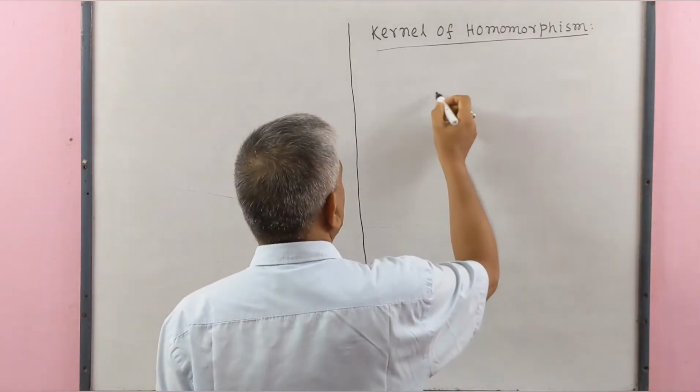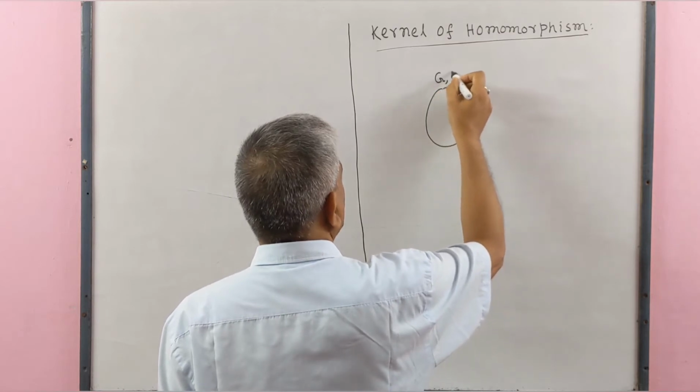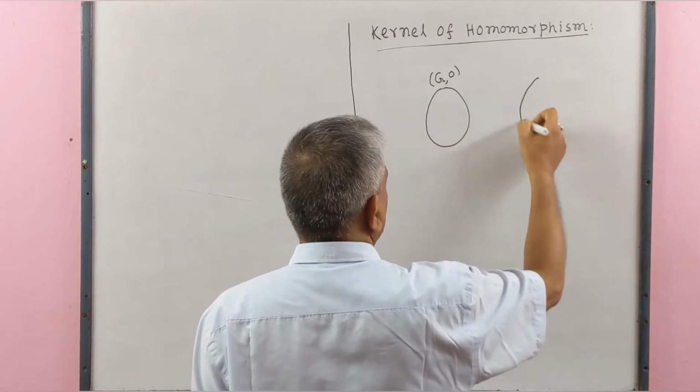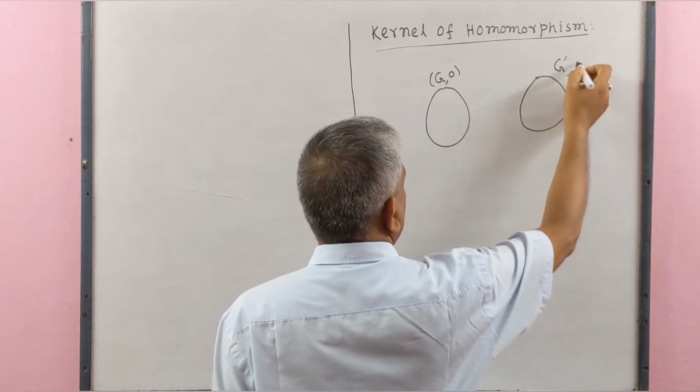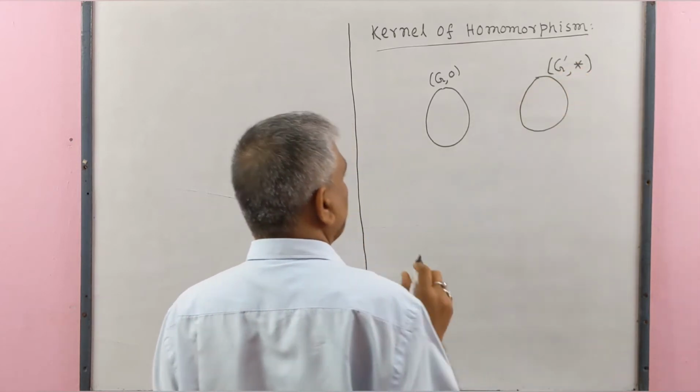Let G with given binary operation and G' with another binary operation be two groups.